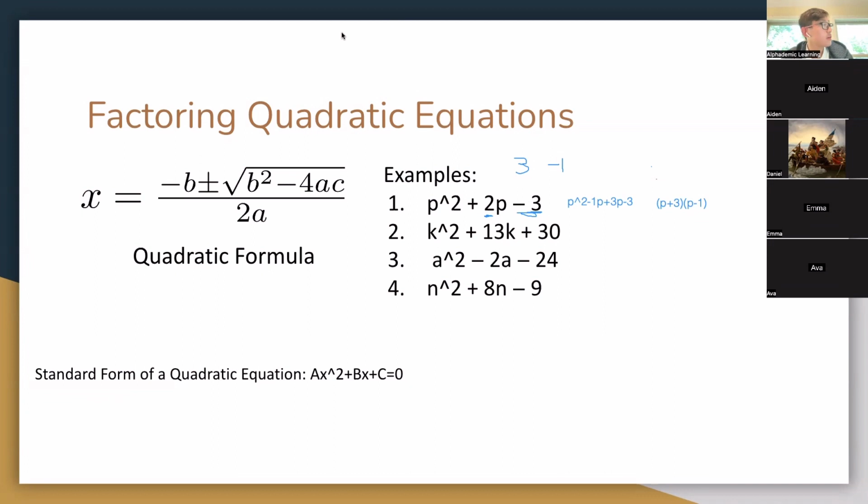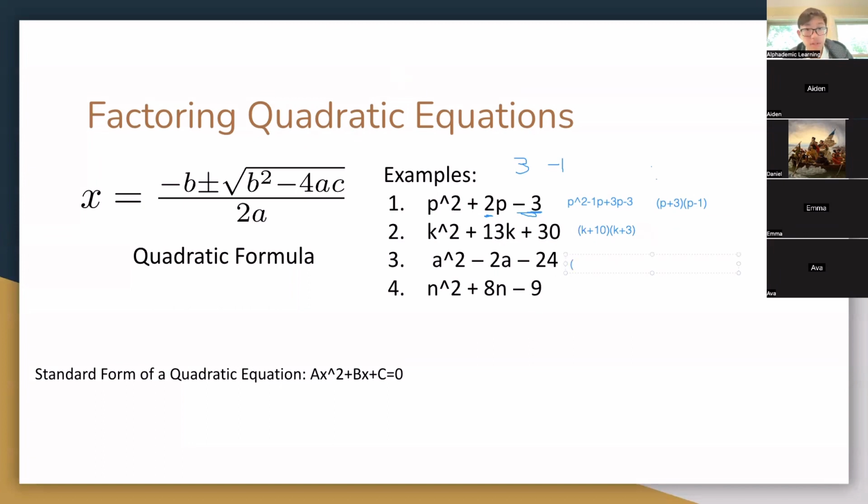All right, I'll go over the answers now. If you have any questions about how I got these answers, just put them in the chat box. So for number 2, we have k plus 10 times k minus 3 times k plus 3.